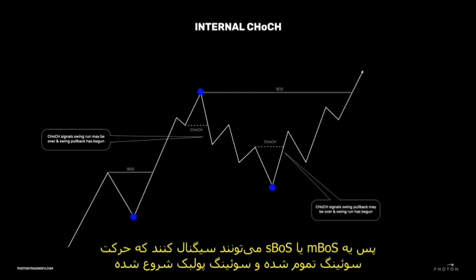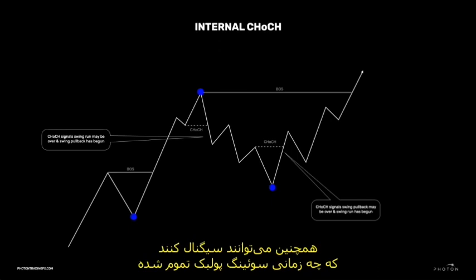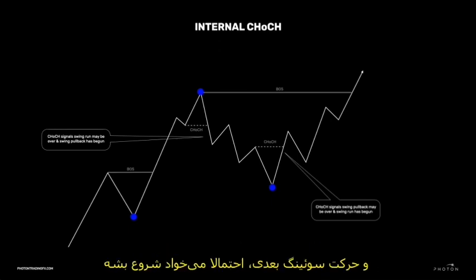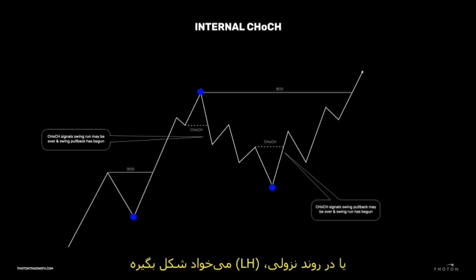A minor or substructure break can signal that a swing run has ended and that the swing pullback has now started. It can also signal that the swing pullback has now finished and the next swing run may be about to begin, so that we can anticipate that the higher low in a bullish market may now be forming, or a lower high in a bearish market may now be forming.